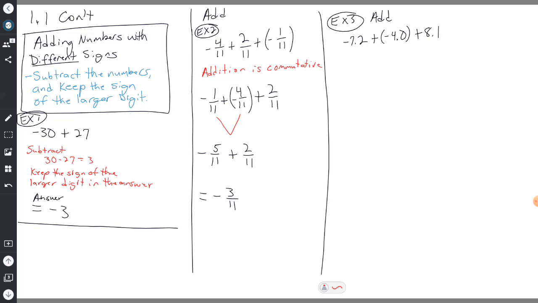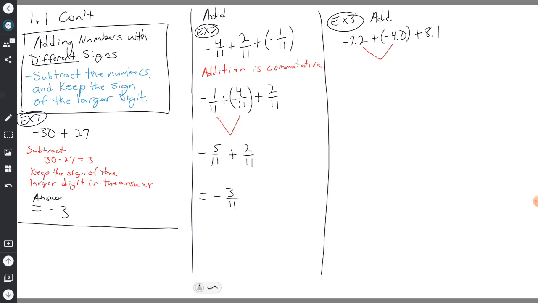So we have negative 7.2 plus negative 4.0 plus 8.1. We can combine the negatives since they're together. What would that give us? Okay. Negative 11.2.